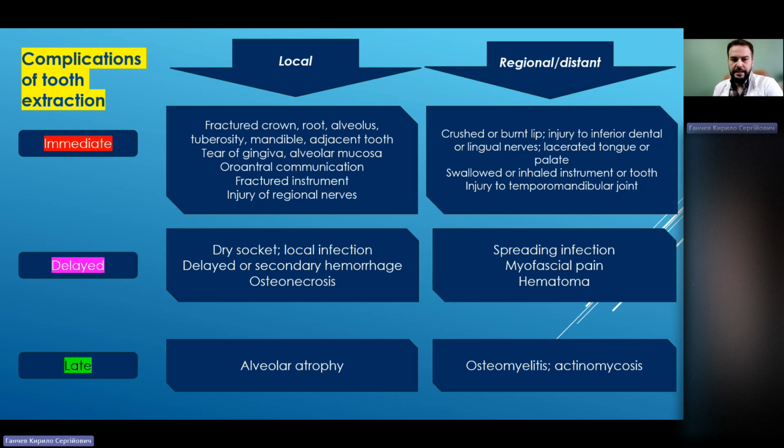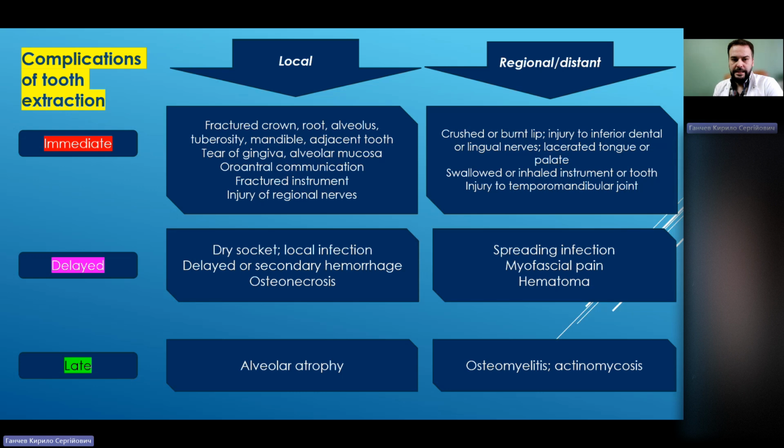So we have delayed local complications, we call dry socket, local infection, delayed or secondary hemorrhage, and of course, the worst one is osteonecrosis, right? And distant delayed complications are spread of infection, myofascial pain, and hematoma.